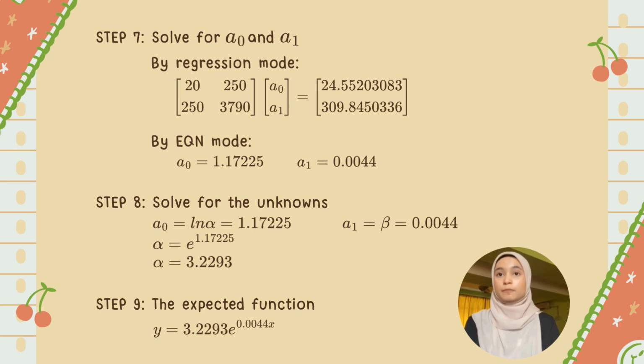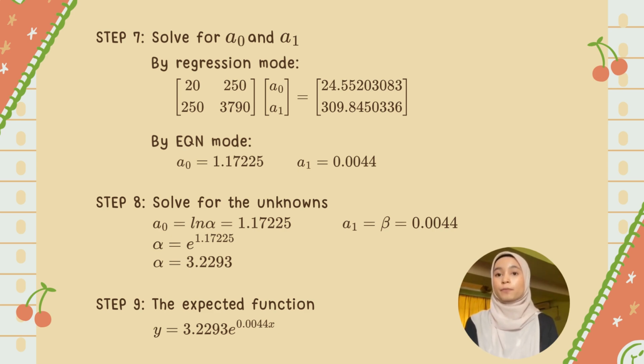For step 8, we need to solve for the unknown, which is a0 equal to ln alpha, so alpha equals e to the power 1.17225. So we got the value of alpha equal to 3.2293, and the value of beta equal to a1 equal to 0.0044. So step 9 is the expected function.